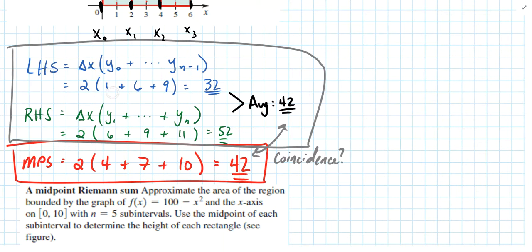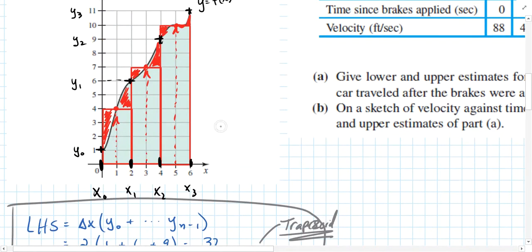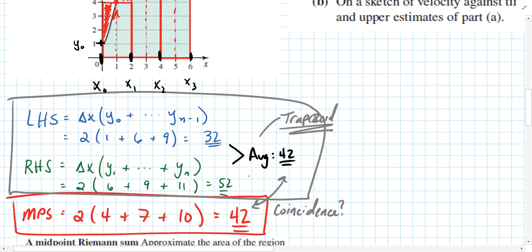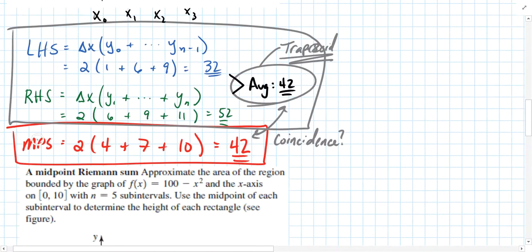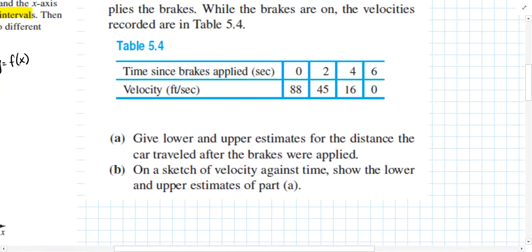Because when we average 2 rectangles, that generally produces a trapezoid area. And so if we had built a trapezoid based on these endpoints, the area of the trapezoid would always be the average of the 2 rectangles, I believe. I think we just got lucky here that the midpoint sum was exactly the same. But I'll have to look into that. Maybe we can discuss that in class at another time.